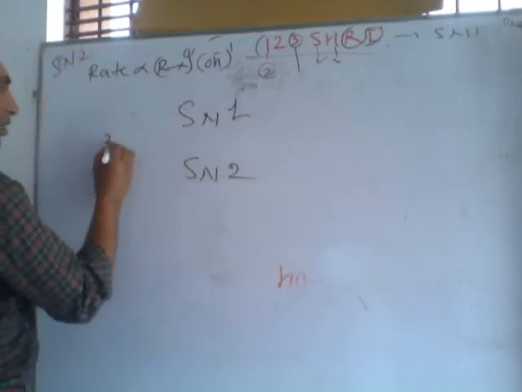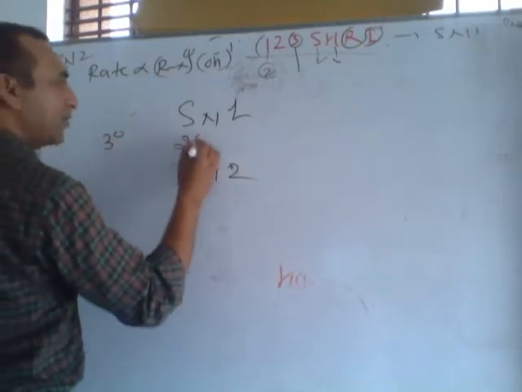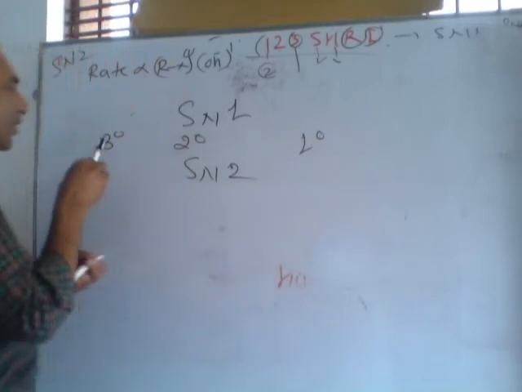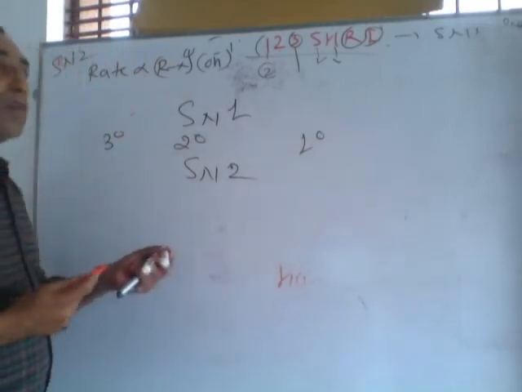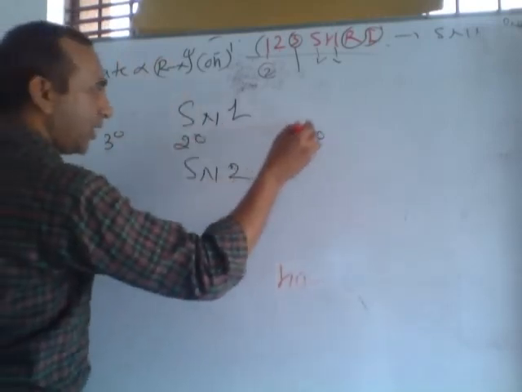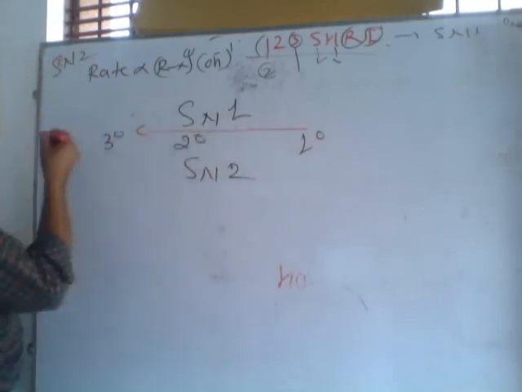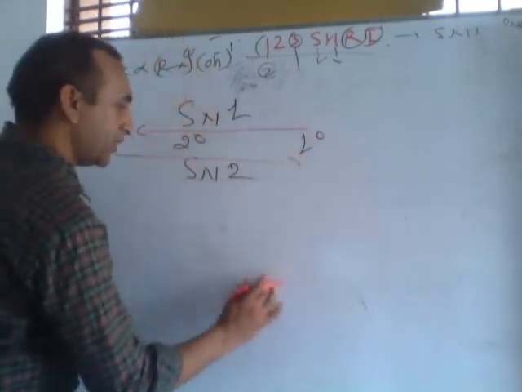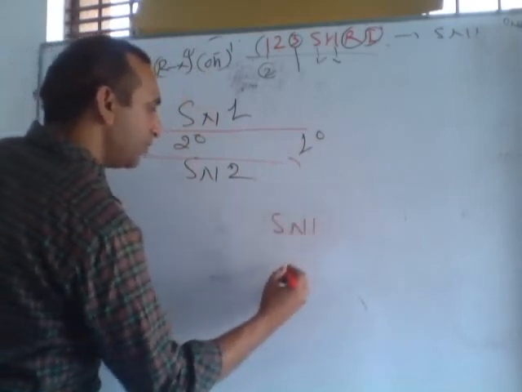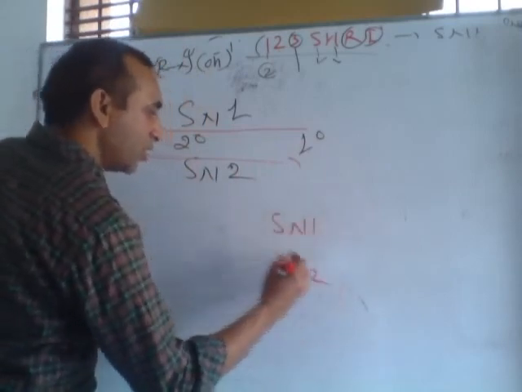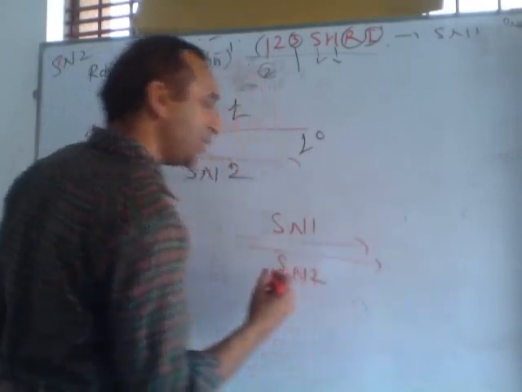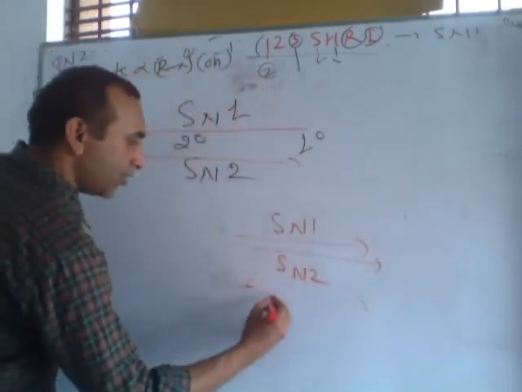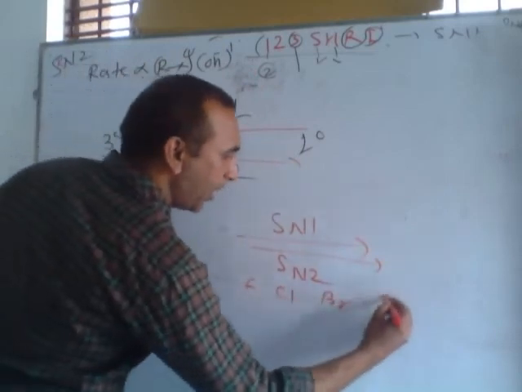Suppose SN1, SN2. Suppose tertiary RX, secondary RX, primary RX. Tertiary RX gives SN1. So in this sequence SN1 increases, but in this sequence SN2 increases. But SN1 and SN2 both increase for halogens in this sequence: fluorine, chlorine, bromine, iodine.